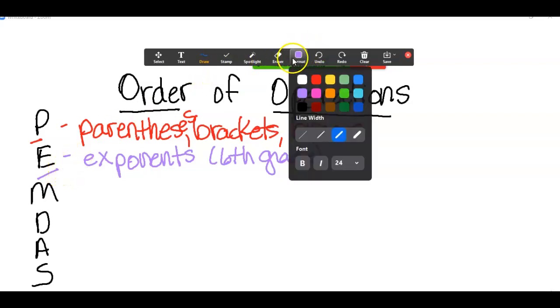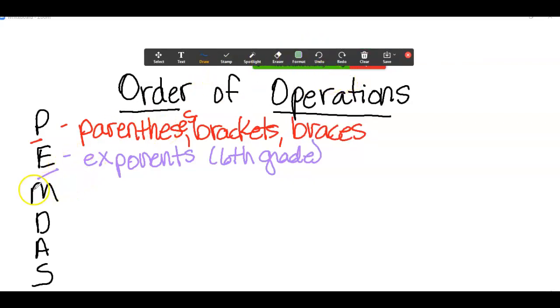Then we have M and D. M stands for multiplication and D stands for division. Notice I'm putting these in the same color. That's for a very specific reason. I always look and see if I have multiplication and division. I look for them both at the same time. If I have them both, I go from left to right.